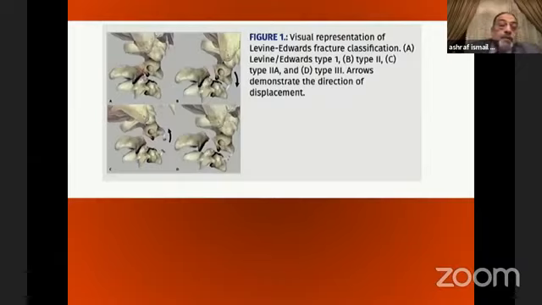With type C, there was severe hyperextension and shear movement leading to the fracture and avulsion of the anterior annulus.